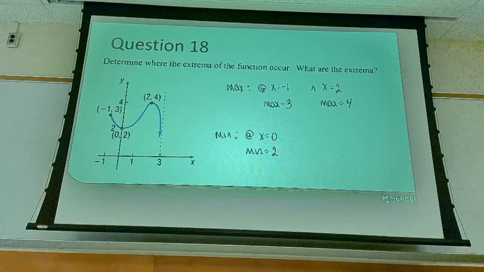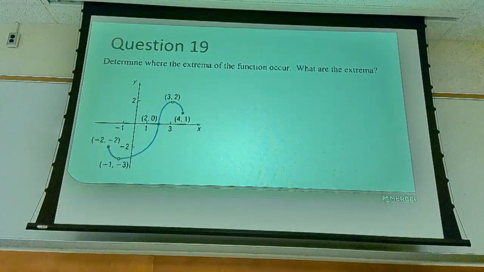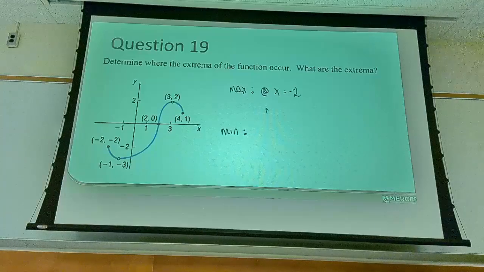Again, same argument. It's going down, it's never going to hit that line. Plus, there's no actual smallest value; it never actually hits a minimum value there. Oh, this one's weird. The max would be at -2 with a max of 2.